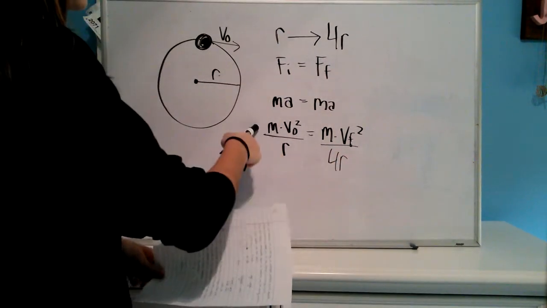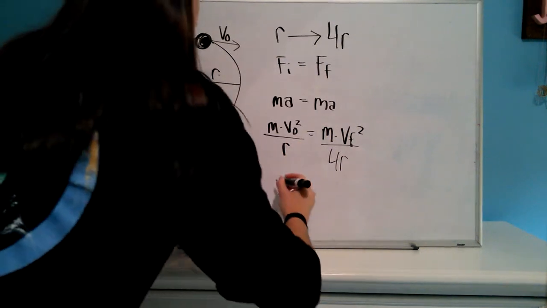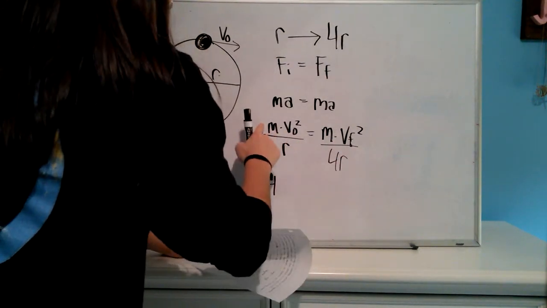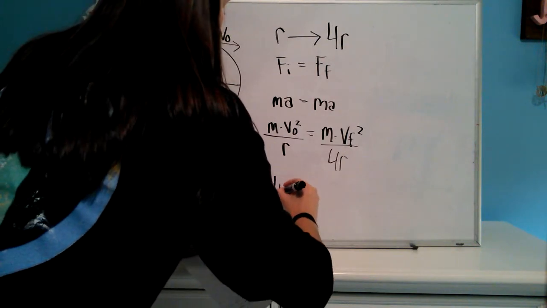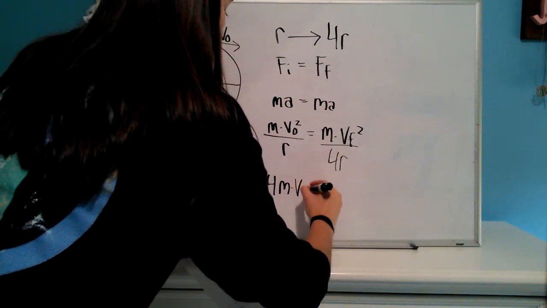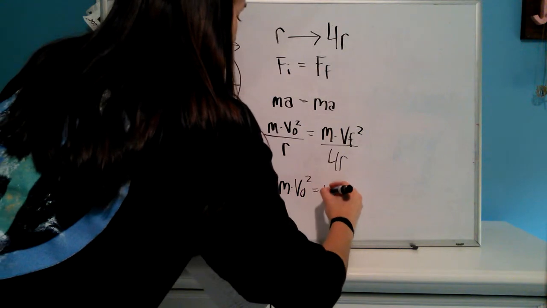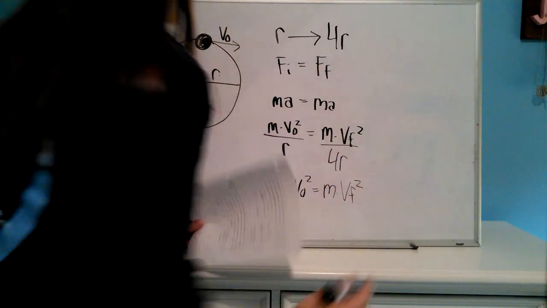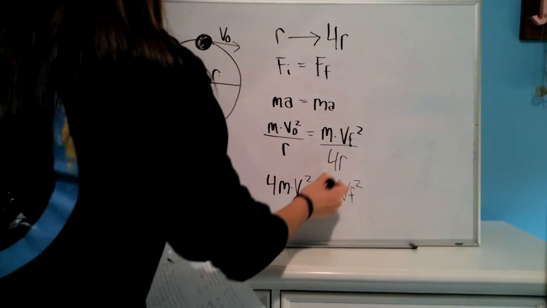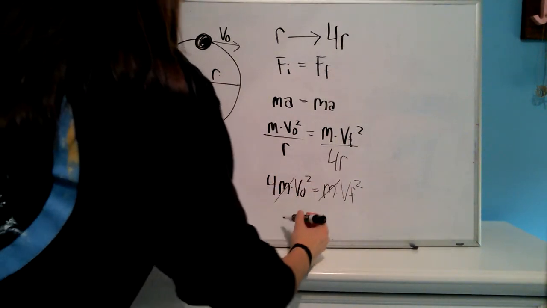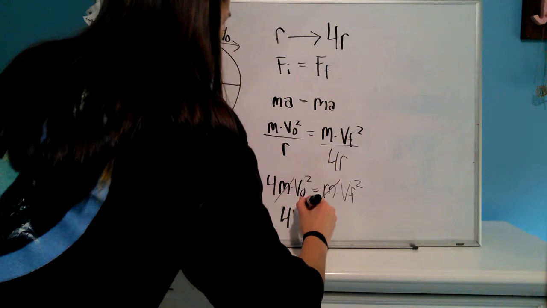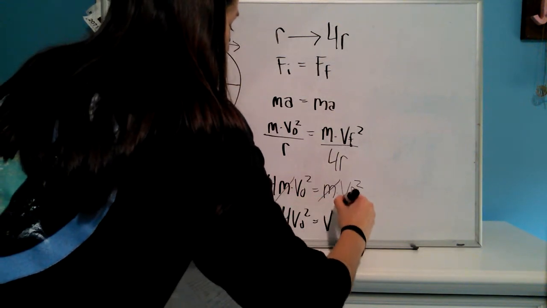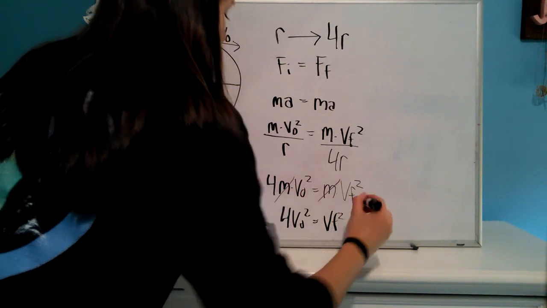So I'm going to multiply 4 onto the other side. So I'm going to have 4, and the r's are going to cancel out when I multiply it over here. So I'm going to have 4 mass times initial velocity squared is equal to the mass times the final velocity squared. I know that these masses are going to cancel out right here, so I'm going to be left with 4 initial tangential velocity squared is equal to the final tangential velocity squared.